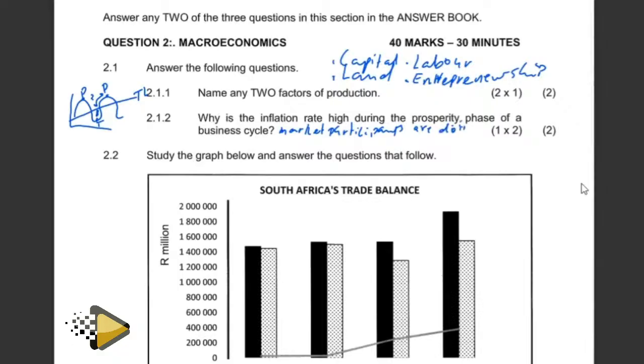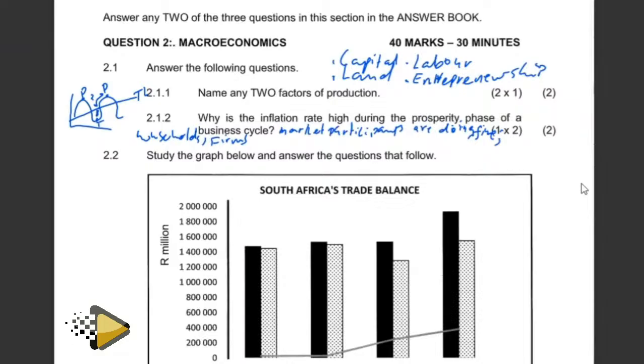When we talk of the market participants, we are referring to the households, businesses or firms, the government, as well as the foreign sector. So households as one of the market participants, and also firms, as well as the government, are making a good initiative. So market participants are doing fine.